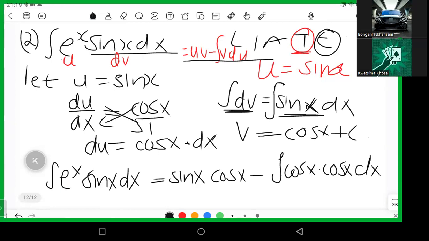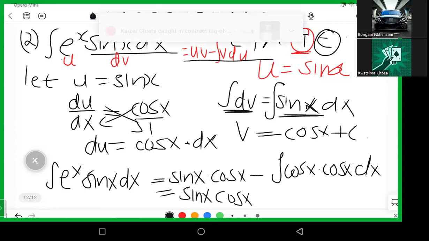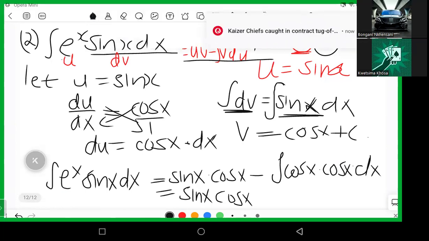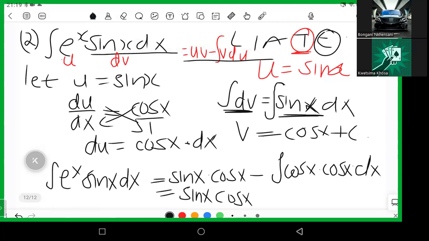So this is going to be sine x. No, the value of u is what? We said u is sine x, and then v is cosine x. Yeah, it's fine. Why is it that we said u is sine x?